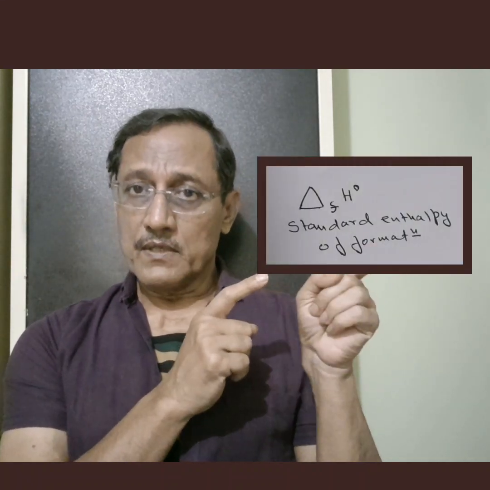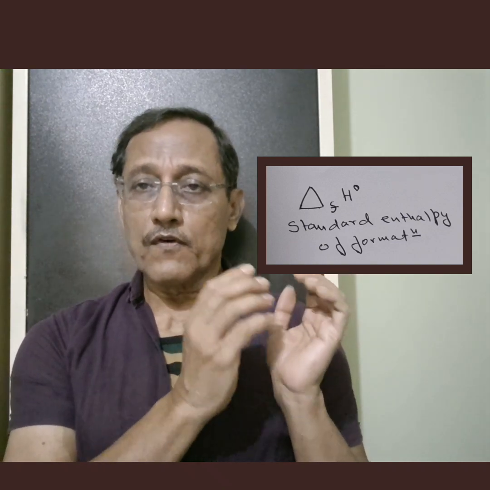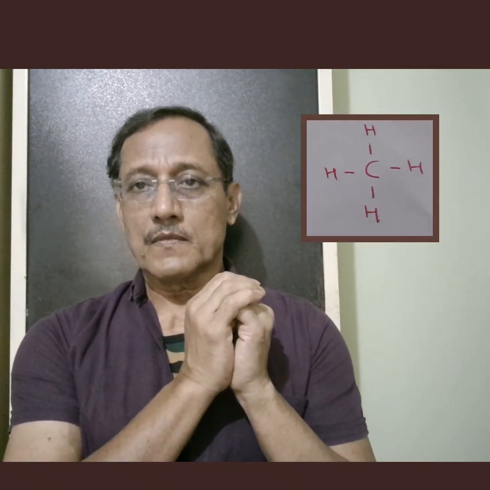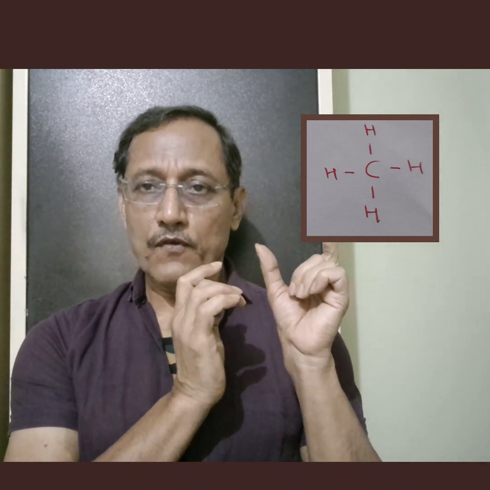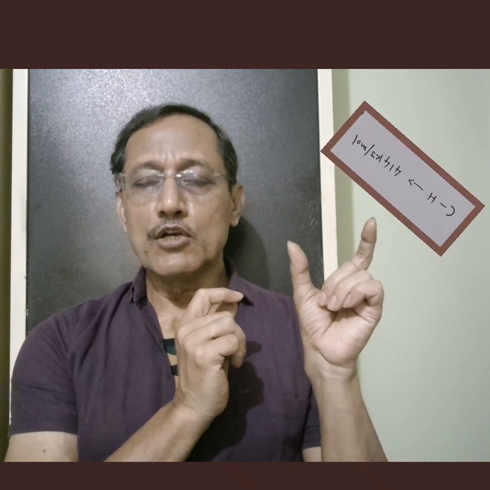Obviously, the name suggests standard bond enthalpy of formation. When we talk in terms of standard bond enthalpy of formation, this is how it is represented, and this talks about the energy required to form a bond. Now suppose we are talking about CH4. The energy required for formation of one C-H bond is say 414 kilojoule per mole.